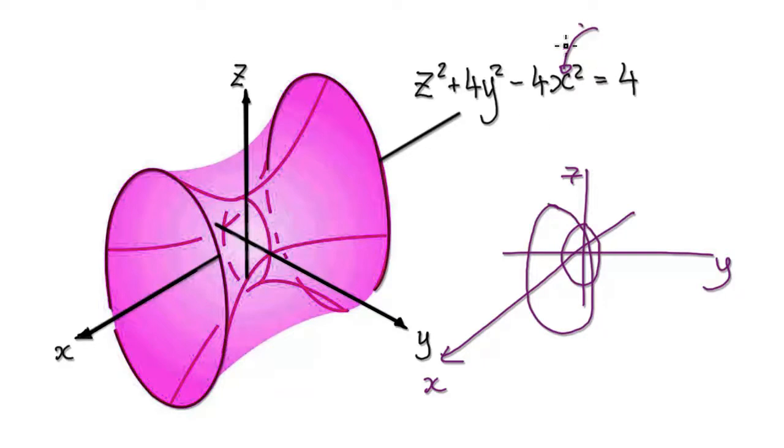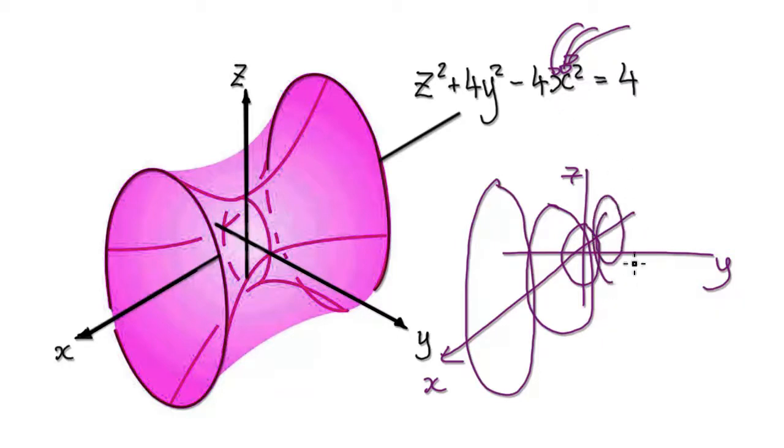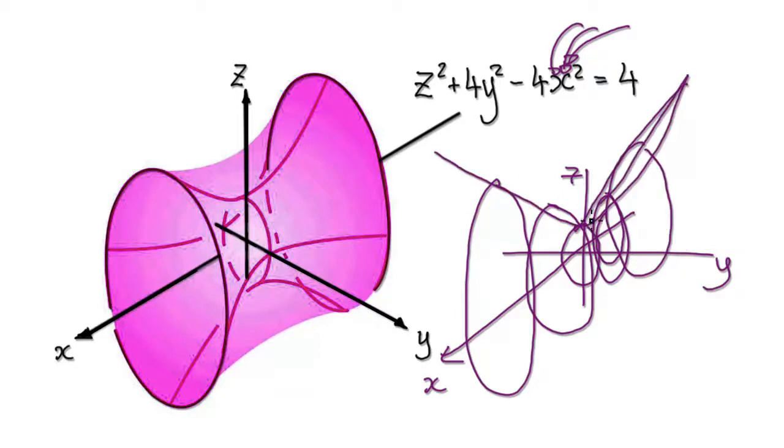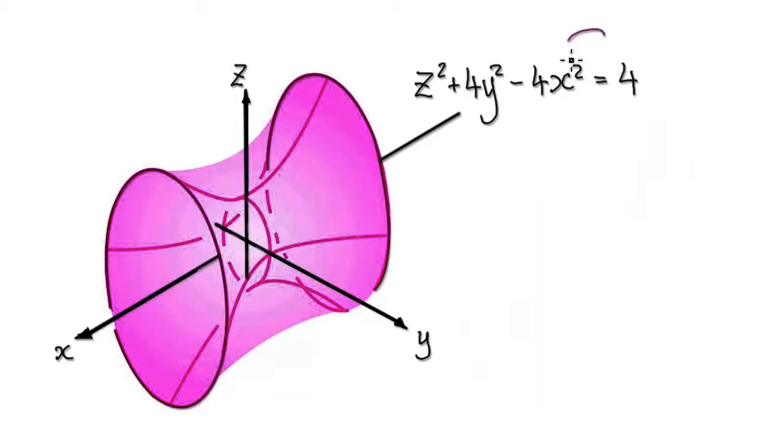And then as you increase x even further, you're going to get a bigger ellipse. Even if you put a negative x into there, it's going to go in the opposite direction, but it gets bigger in the opposite direction. So you're going to have something looking like this. The point is that as you put 0, 1 into the x, and so on, you're going to get a whole series of circles or ellipses.